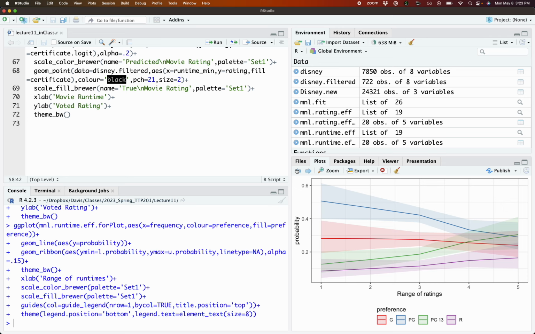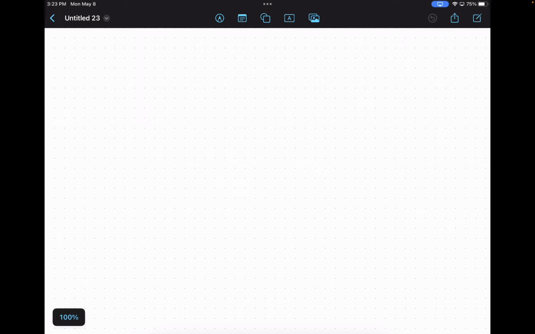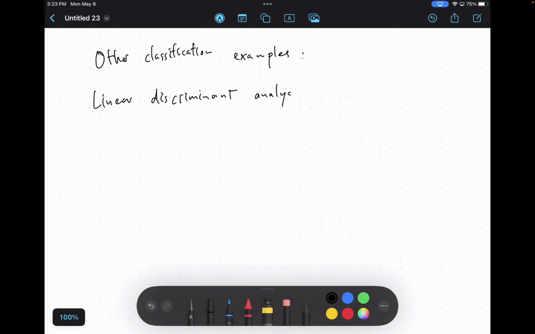Okay. Let's see if we can get through our next examples. Other classification examples. The next one is called linear discriminant analysis, LDA.